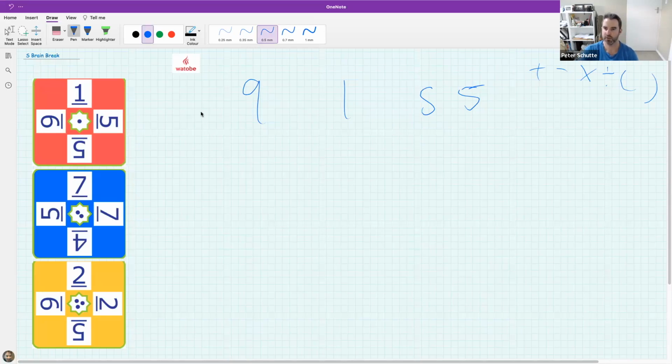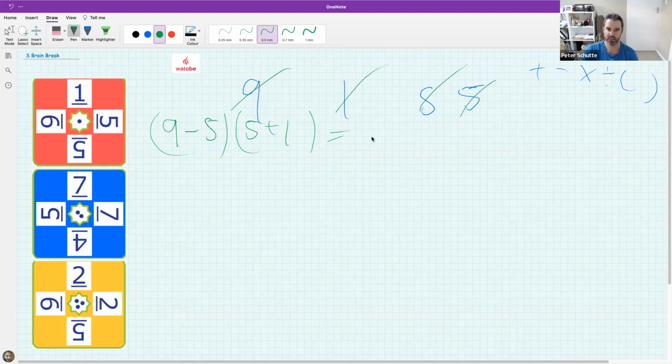Okay, so Ndile and Paul have put forward some ideas. 9 minus 5 is 4, and that can be multiplied by 5 plus 1. So I've used the 9, a 5, a 1, and a 5, and that is indeed 24, because it's just 4 times 6.